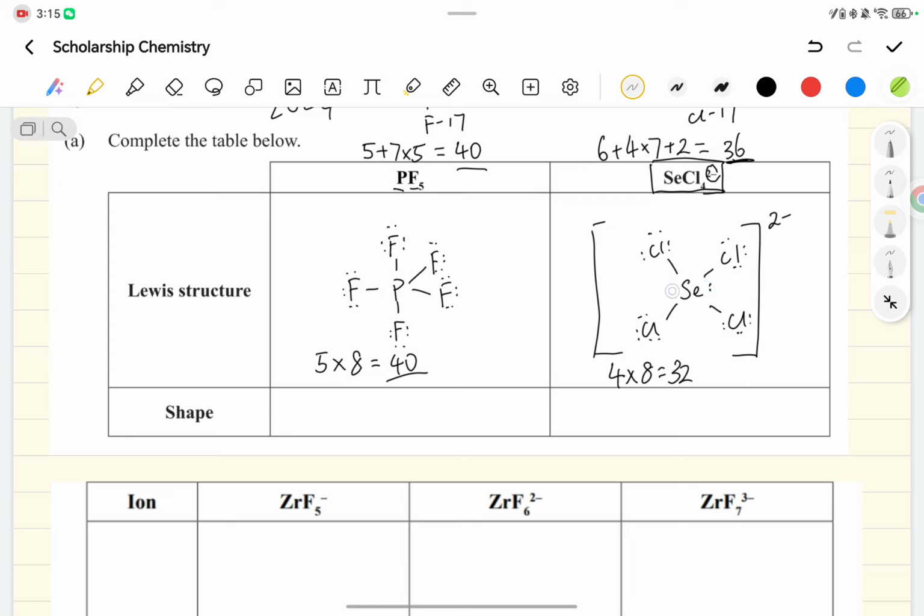So this means there are 2 lone pairs on the central Se atom. And now if we calculate it again, we have 4 times 8 from the 4 chlorines, and then we add on the 4. This gives us 36, which means the numbers match and this structure is correct.